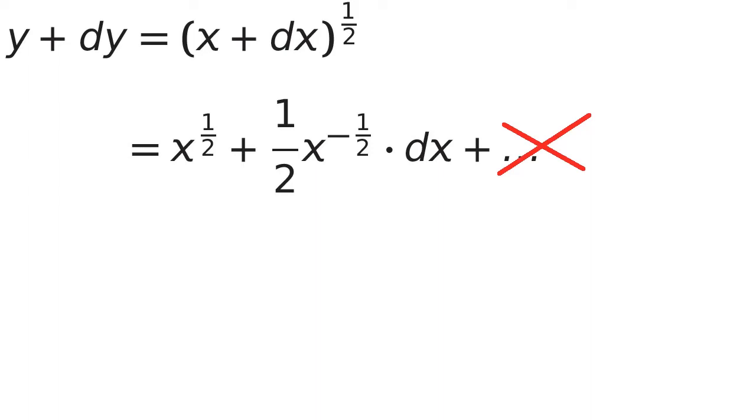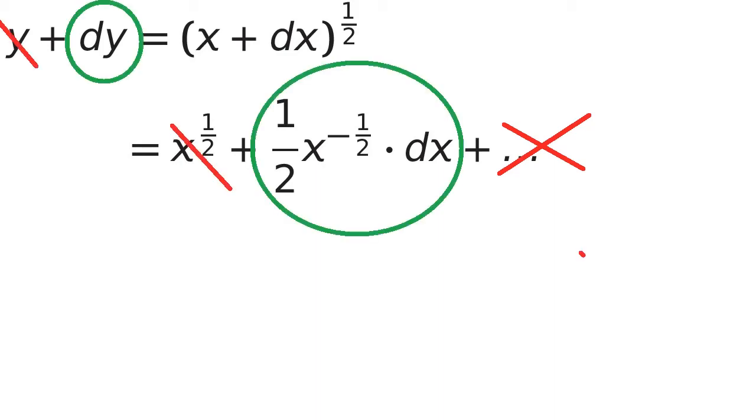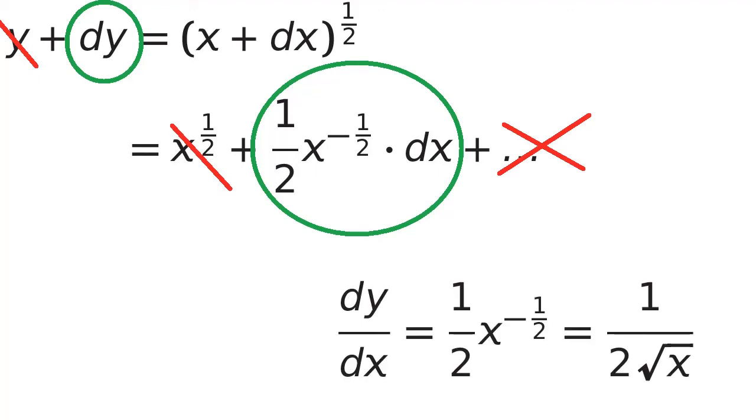So we're only going to keep these first two terms, okay? But then we'll take off the y on the left, and the square root of x on the right, and we end up with dy by dx is 1/2 of x to the minus a half.